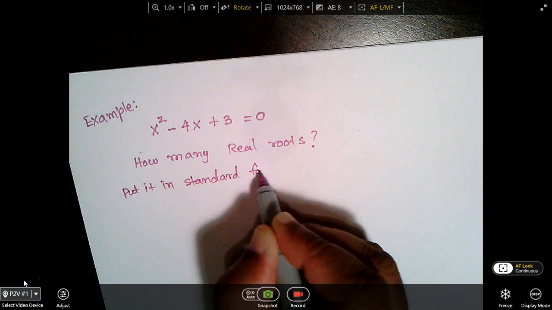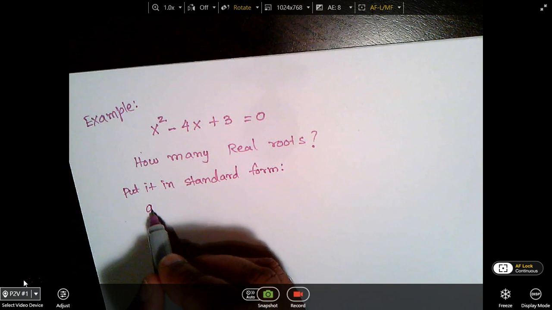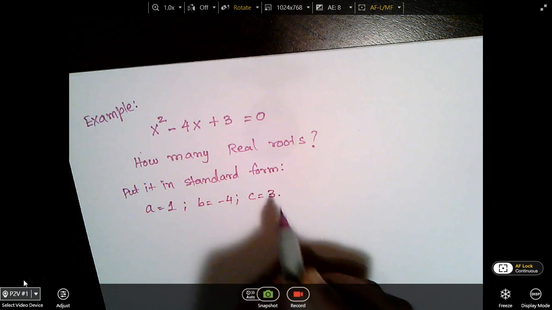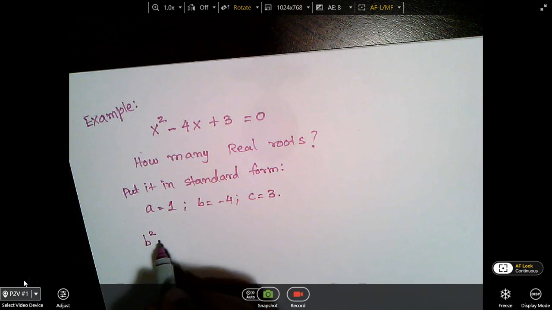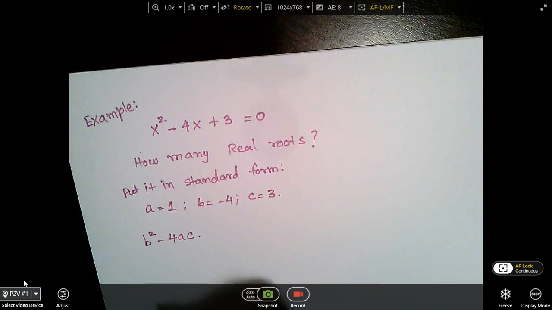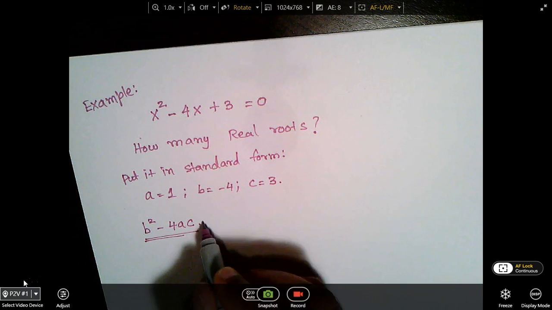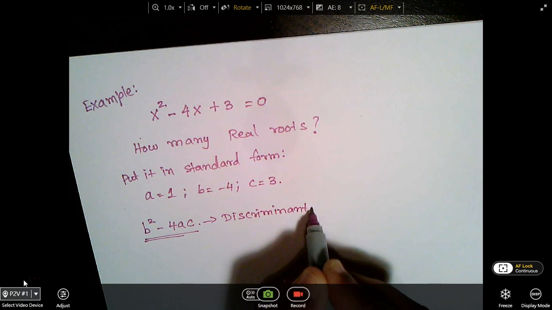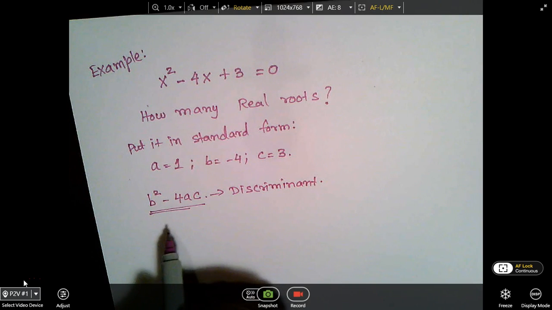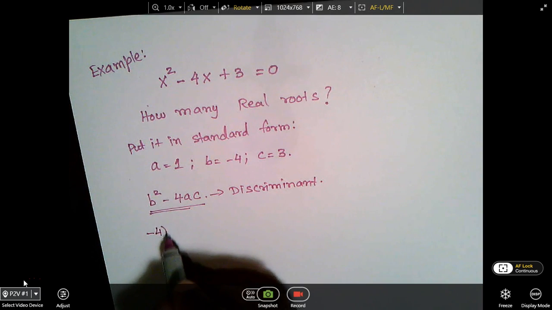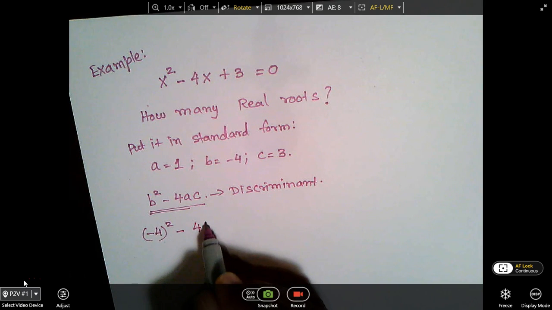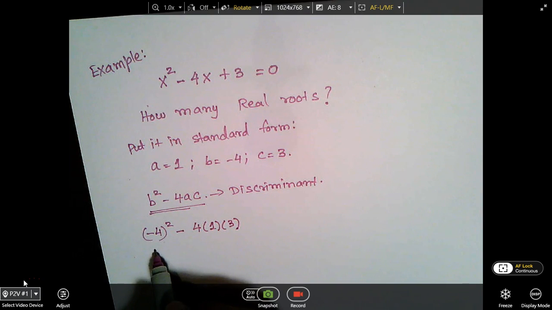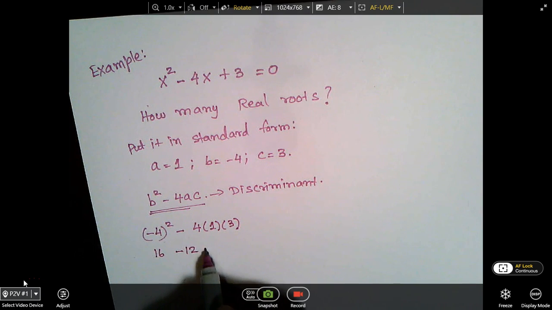After you put it in standard form, you will know what your a is. A is 1, b is -4, and c is 3. All you have to figure out is b squared minus 4ac, your discriminant. b squared is -4 squared, minus 4 times a is 1, c is 3. -4 squared is 16, minus 12 equal to 4.